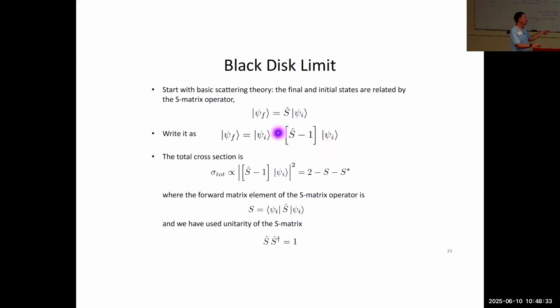The total cross section is just this scattered part of the state squared, proportional to that. And remembering that S is a unitary operator, the S matrix is unitary, so S dagger S is 1. If we multiply S minus 1 by S dagger minus 1, we're going to get this: 2 minus S star, where S is sandwiched between initial and final state, right? Does this sort of make sense?